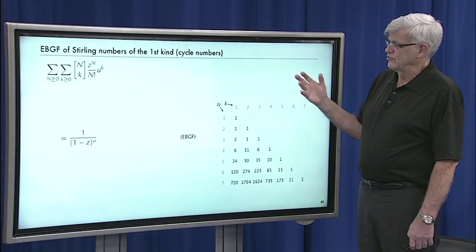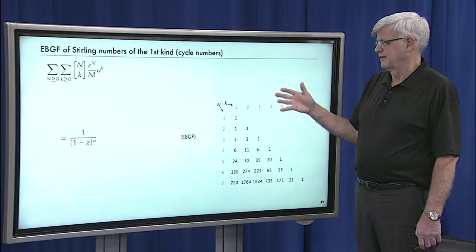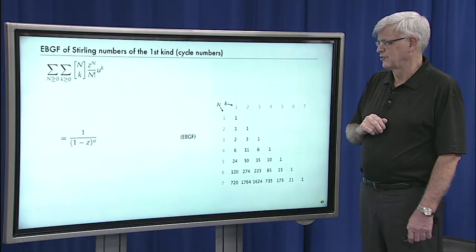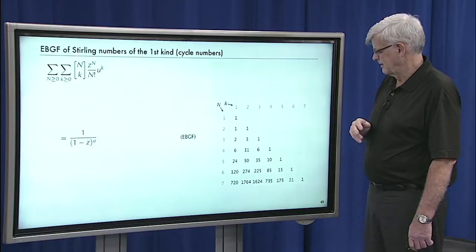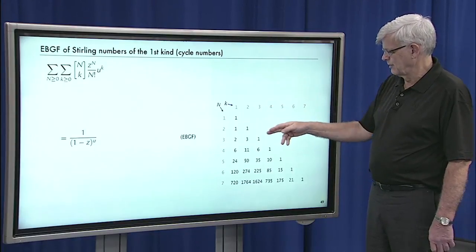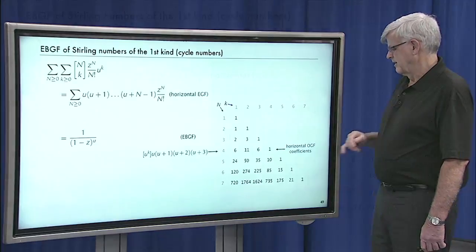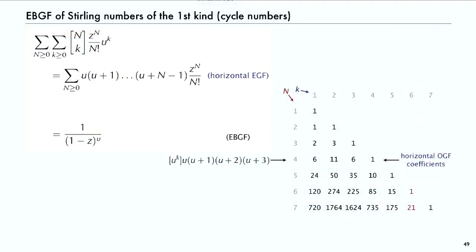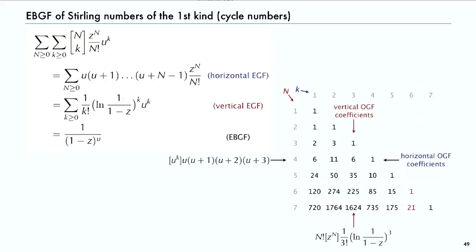In fact, this distribution is another well-known one. It's known as Stirling numbers of the first kind, the Stirling cycle numbers. So these are what we observe for 1, 2, 3, and 4. The horizontal exponential generating function for this is u times u plus 1 times u plus 2 and so forth.